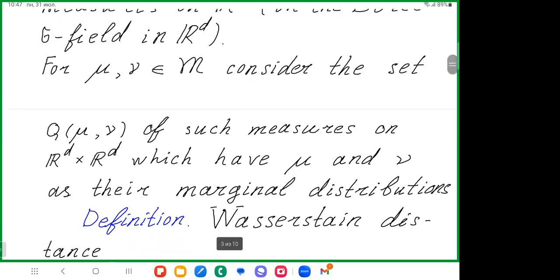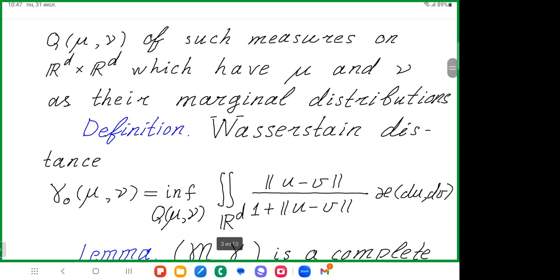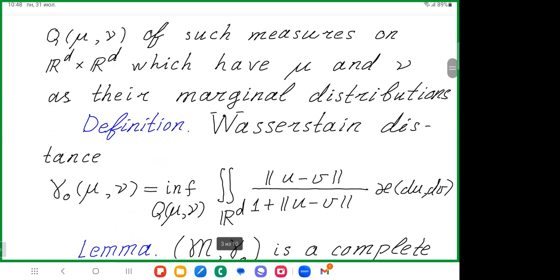Now the main definition of the Wasserstein distance. This is a distance of order 0. Gamma_0(mu, nu) is the infimum over this set of common distributions of such an integral: the norm of u minus v, divided by 1 plus the norm of u minus v, with respect to kappa(du, dv).